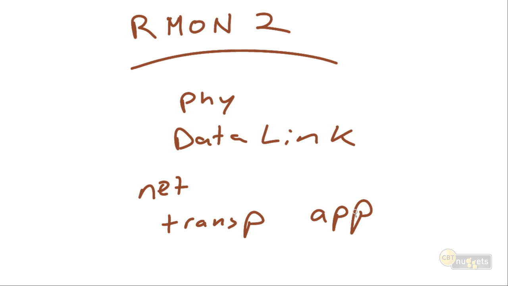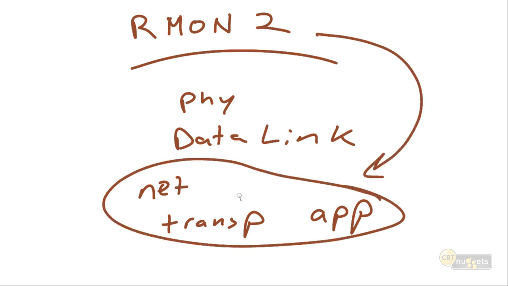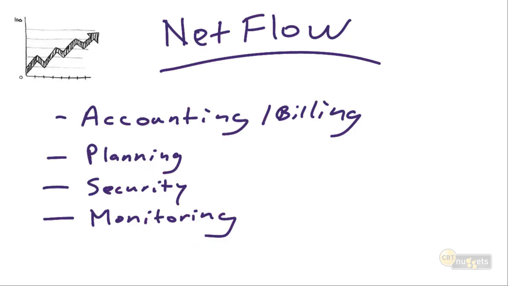An example of one of the RMON 2 new groups would be the application layer host. The application layer host would contain statistics for particular application layer traffic. So RMON 1 was built upon by RMON 2, which would enable us to get visibility into statistics beyond the data link layer. But wait a minute.